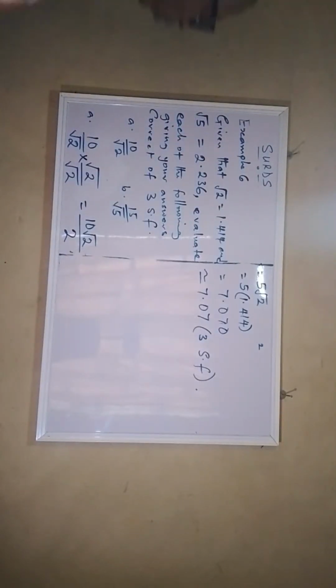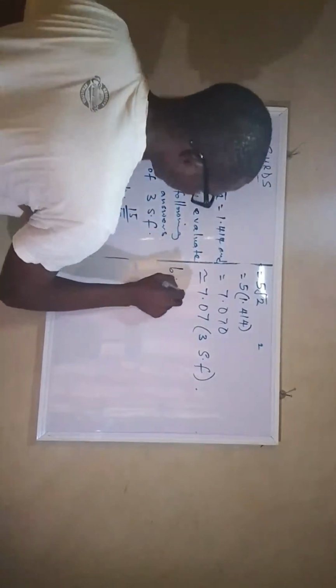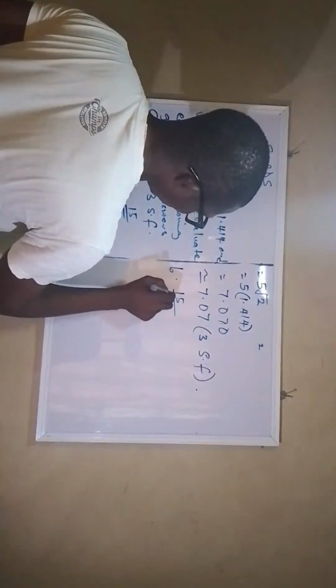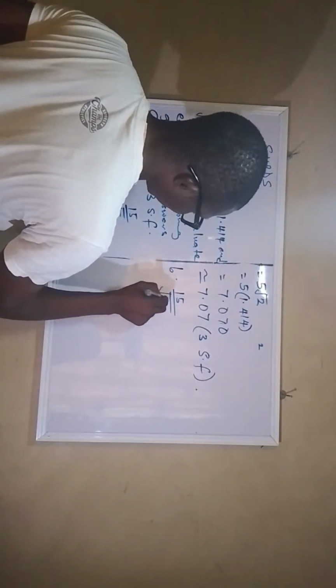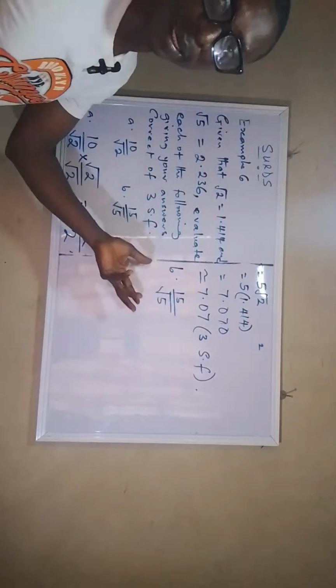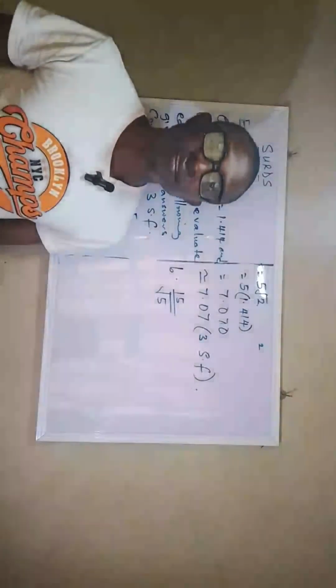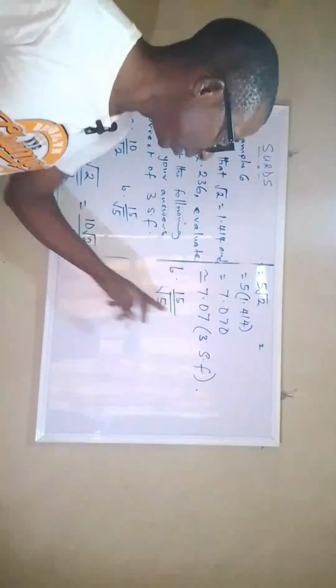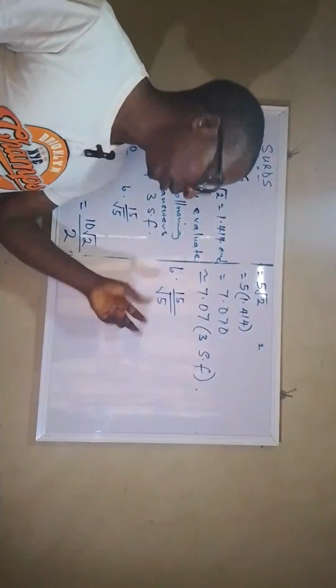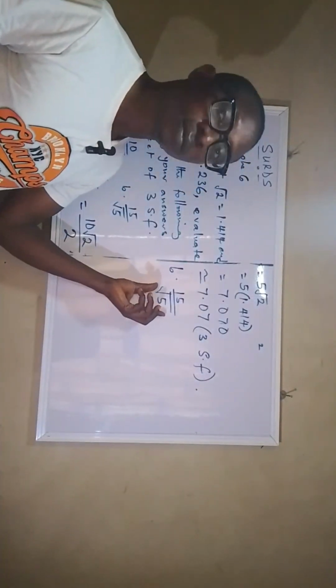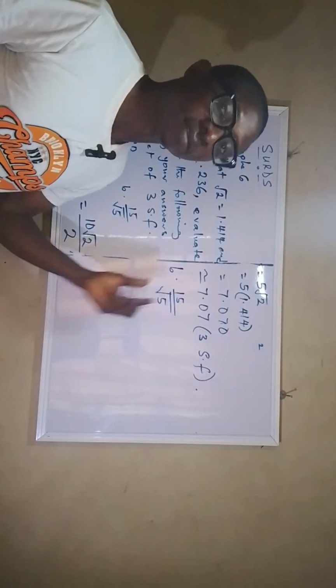Now let's look at the second one. So we have 15 over square root of 5. Now what do we do here? We rationalize the denominator. So we multiply the numerator and the denominator with square root of 5.